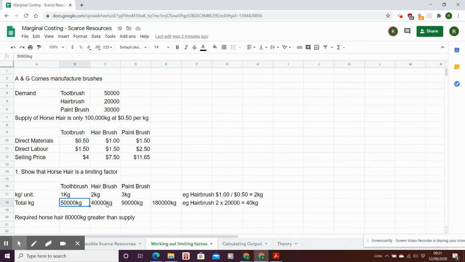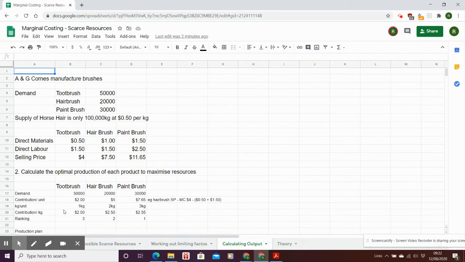So the total kilograms we'd need to make all the production for this firm is 180,000 kilograms, and that is 80,000 kilograms bigger than our supply for the time period, which is only 100,000 kilograms, and therefore, yes, the limiting factor here will be horsehair, and that proves that the business won't be able to produce its full planned output.